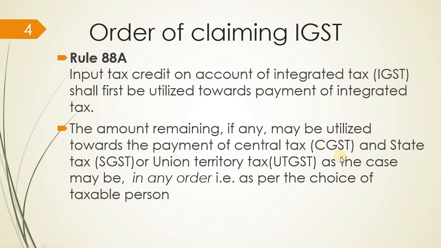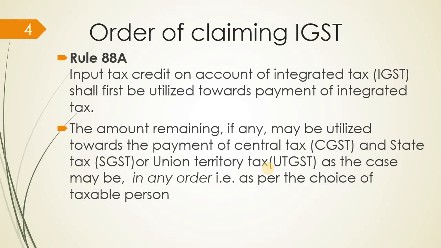So next order is CGST, and state SGST or Union Territory, that is UTGST, as the case may be, in any order as per the choice of the taxable person. So there is no order after which. So first it has to be utilized for the IGST itself. After that, a taxpayer can either utilize for setting off CGST or SGST or Union Territory GST as the case may be.